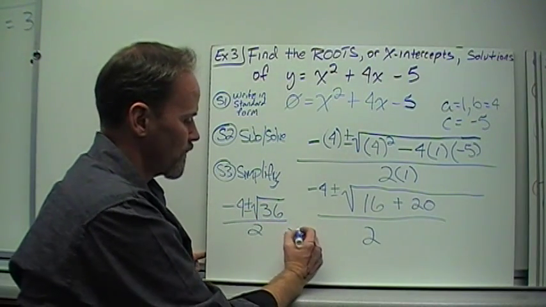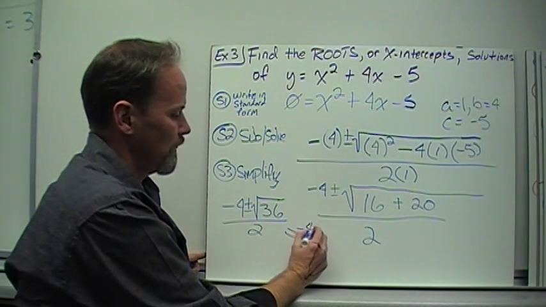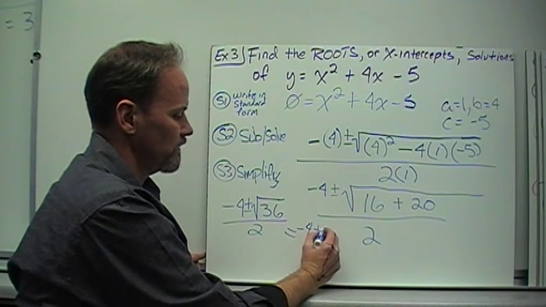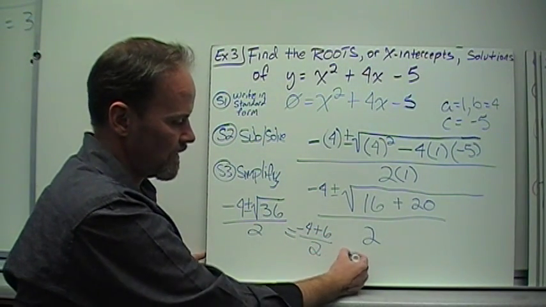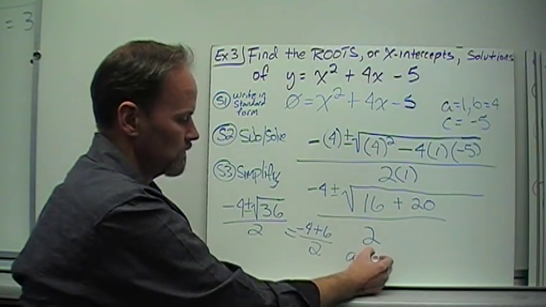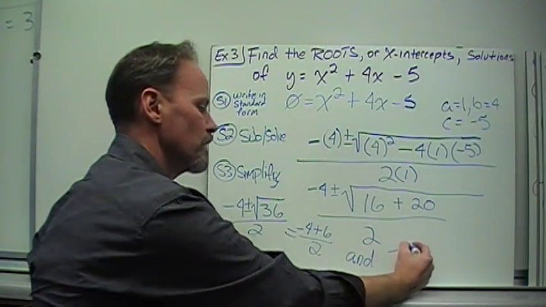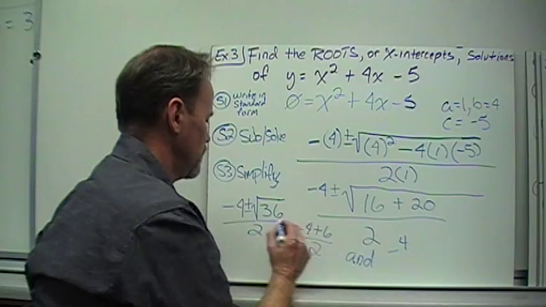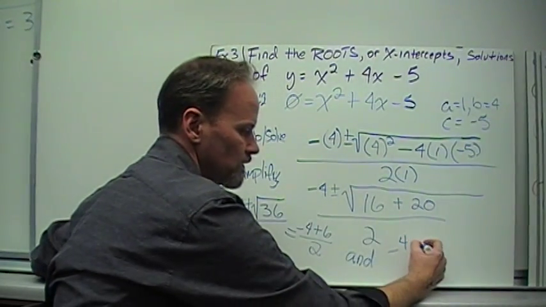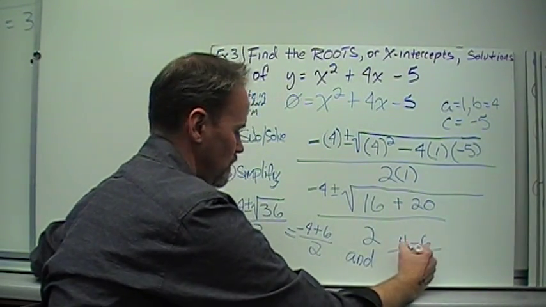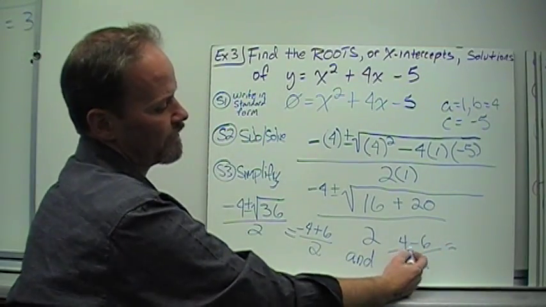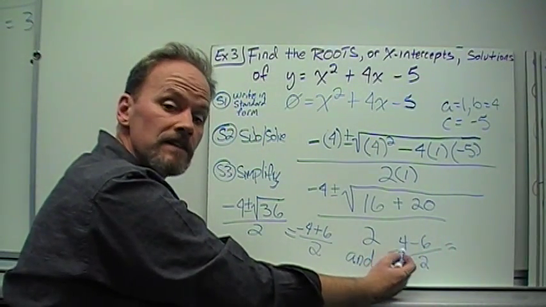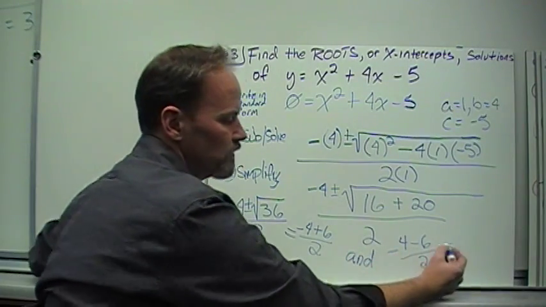Negative 4 plus the square root of 36, which is 6, divided by 2, and negative 4, this time I'm going to subtract the 6, all over 2. So on this side I get a negative 4 and a negative 6 is negative 10 divided by 2.